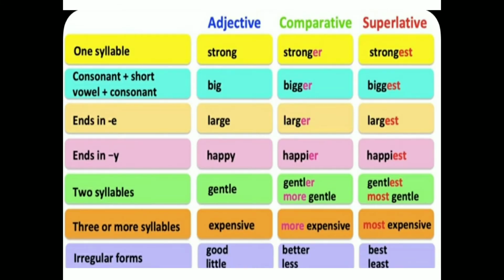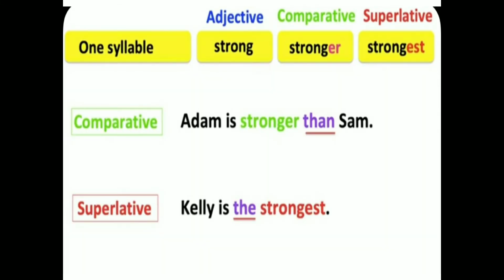Now let's start. The first rule: we add er and est to most one or two syllable words that end in consonants. For example, dull, duller, dullest. Or you can say Adam is stronger than Sam.